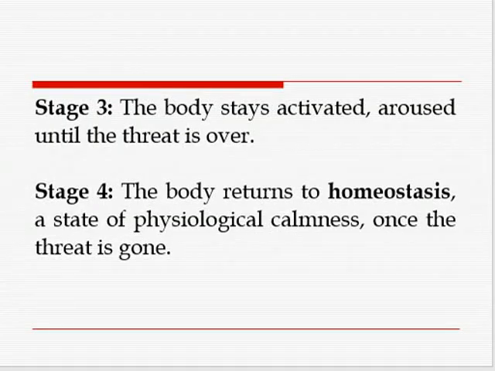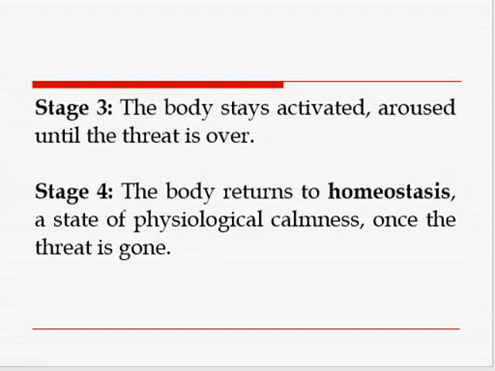The third stage is that the body stays activated, aroused, until the threat is over. So the moment the signal is given and the brain interprets it as negative, quickly part of the body organs will start organizing its resources to be able to deal with the threat.